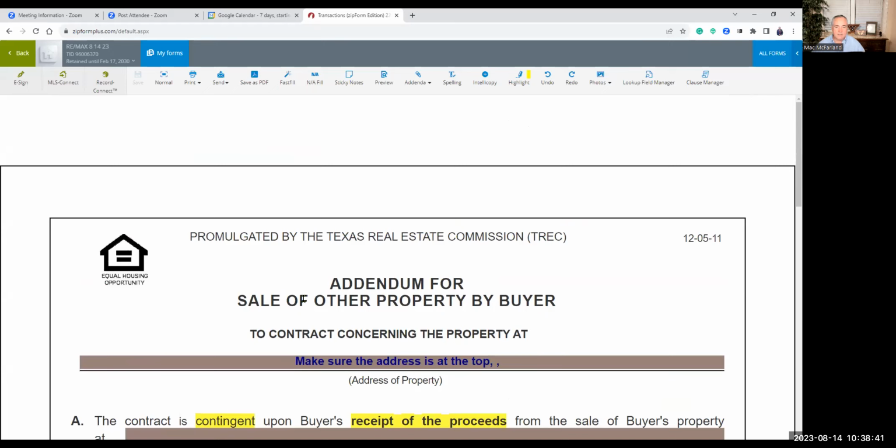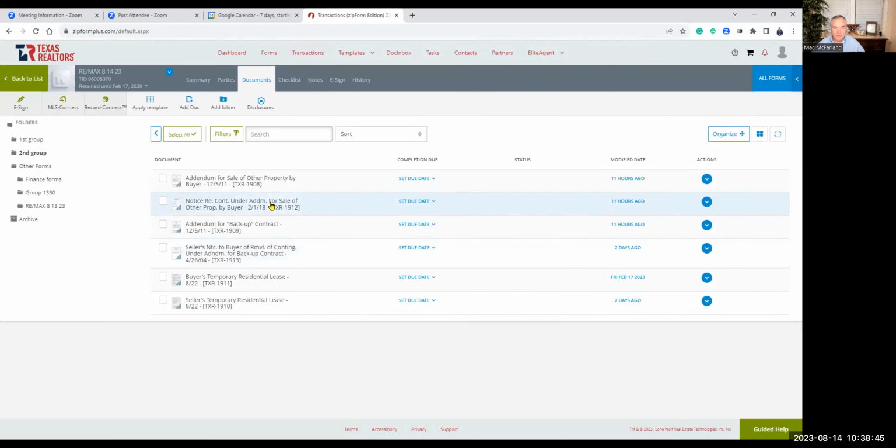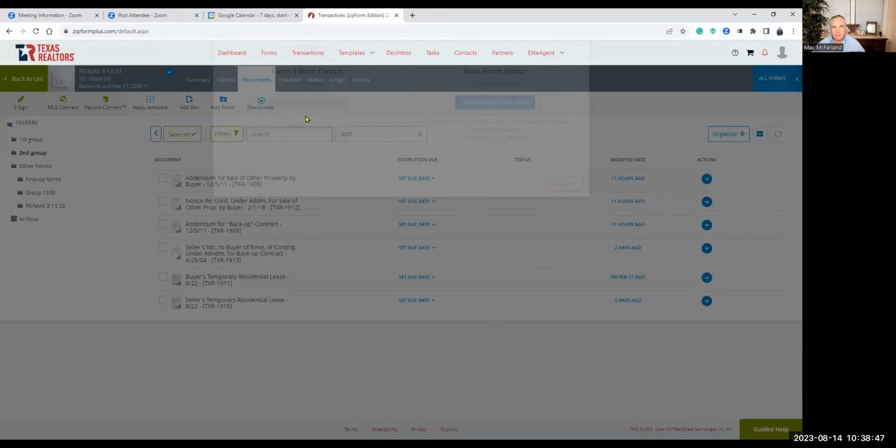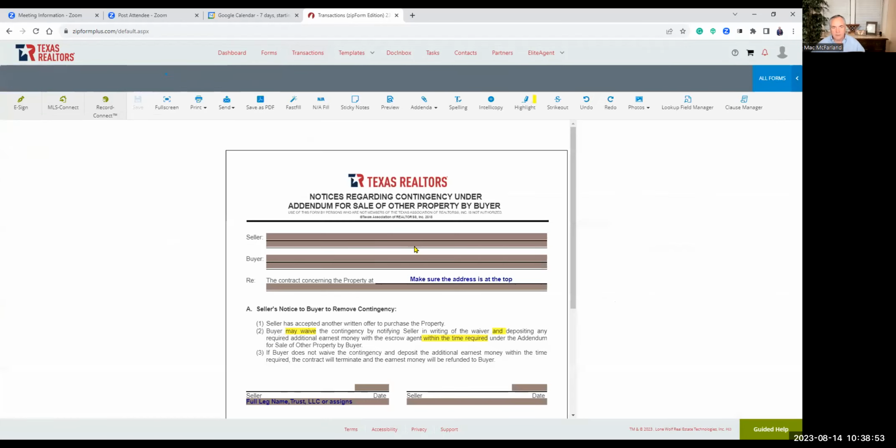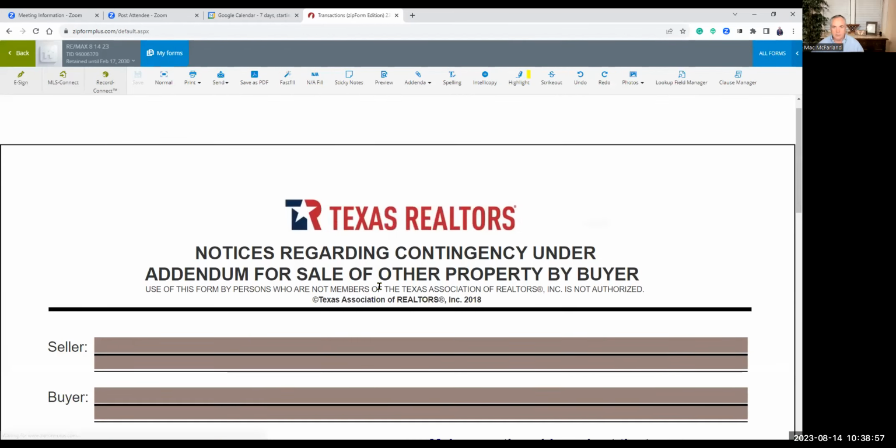Now, this is the addendum for sale of other property. And then we also have the notice that the seller is going to give them to say that they have another offer and it's time for you to do something.